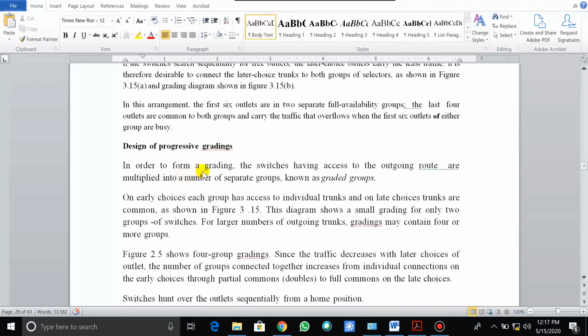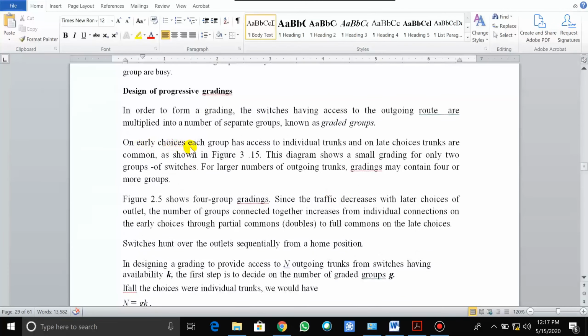In order to form the grading, the switches having access to the outgoing route are multiplied into a number of separate groups, known as grading groups.